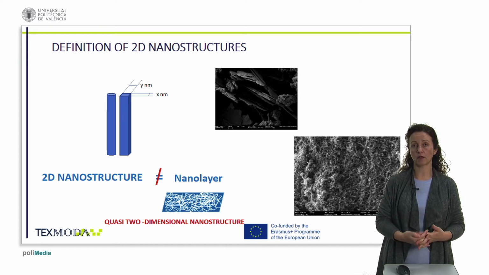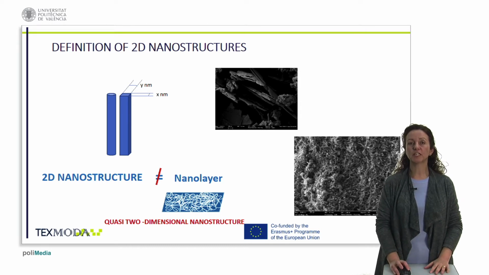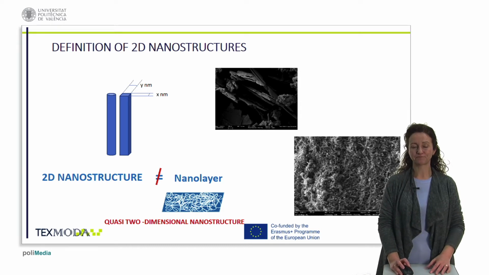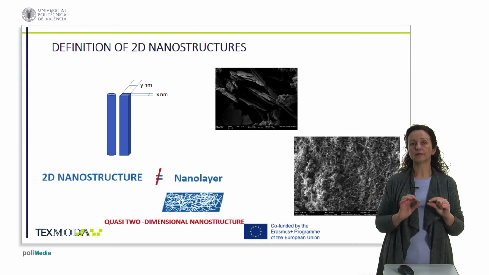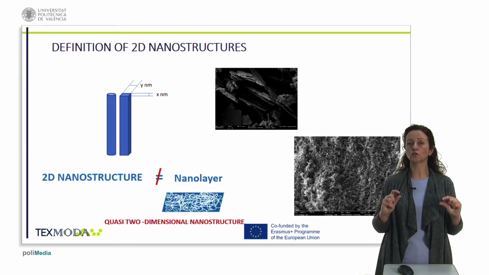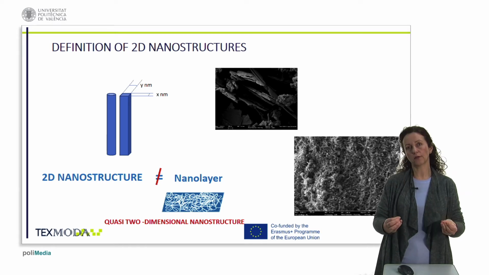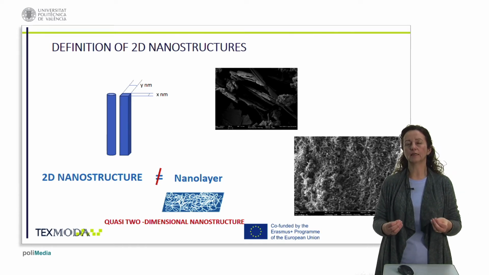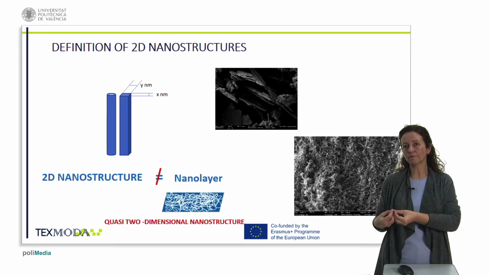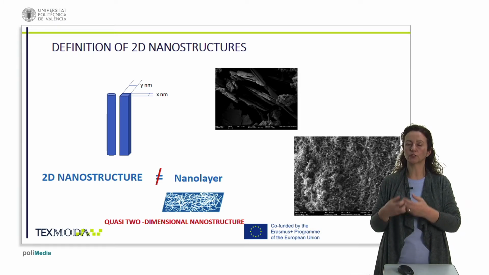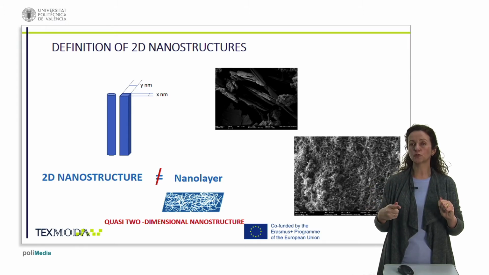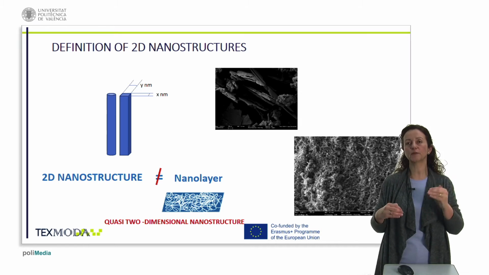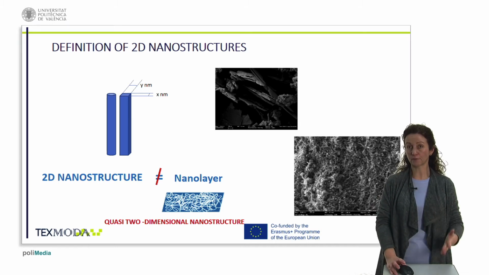For example, when we obtain a nonwoven made of a nanofiber, what we are going to obtain is a nanolayer, and then the thickness of this nanolayer could be nanometric. Then the product could obviously be classified as 1 dimension because we've got a nanolayer with a nanometric thickness, but what is true is that it has been obtained with a 2-dimension nanostructure, which is a nanofiber.